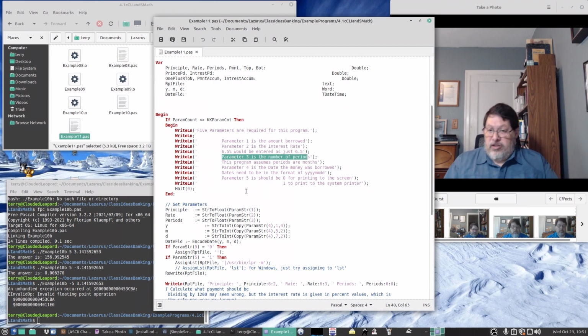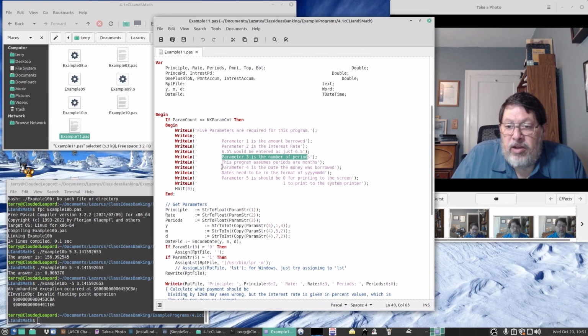This program is going to assume the periods are months. It wants a date when the money was borrowed, and it needs to be in year, year, year, year, month, month, day, day format.